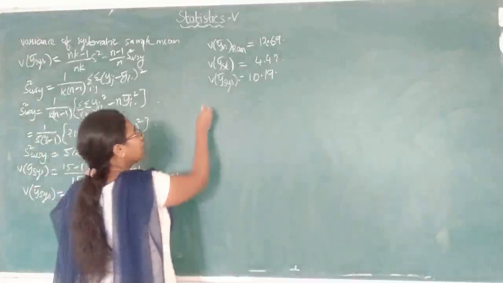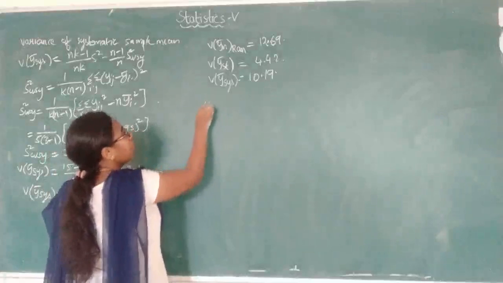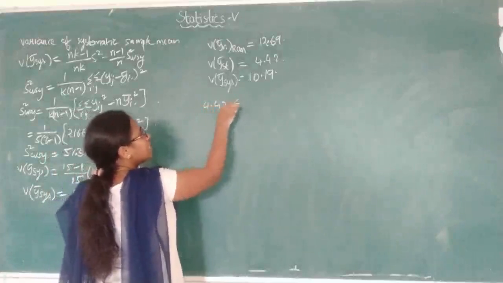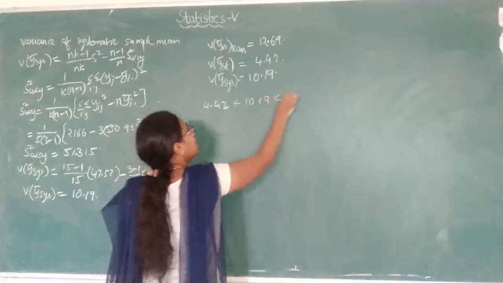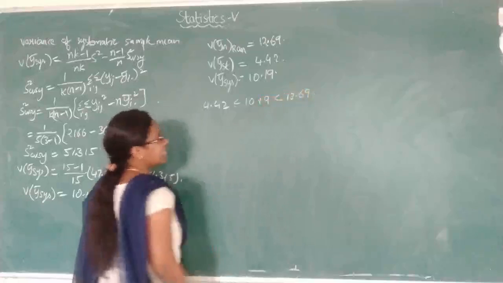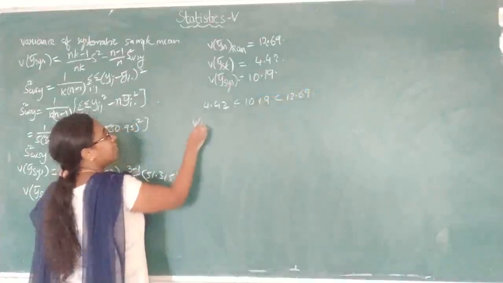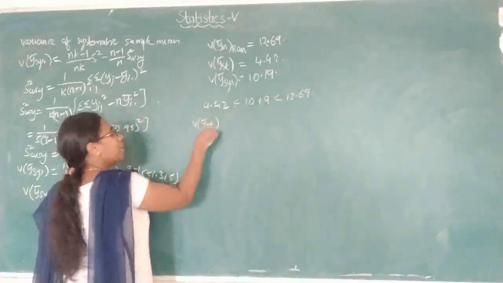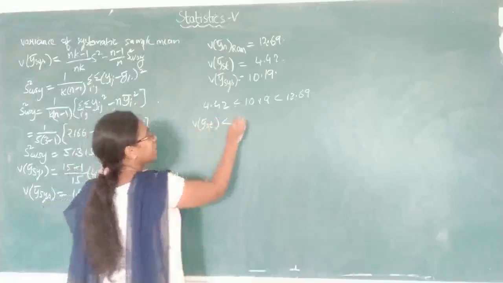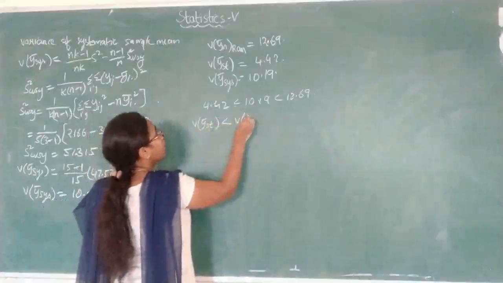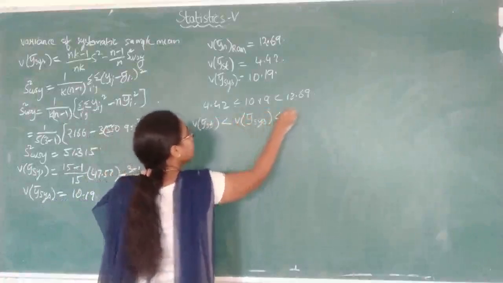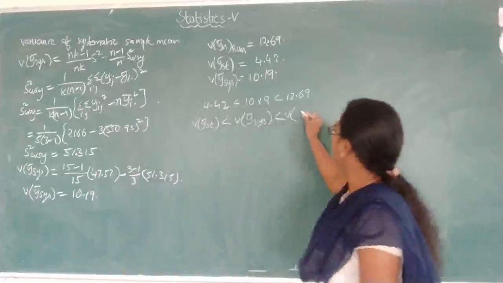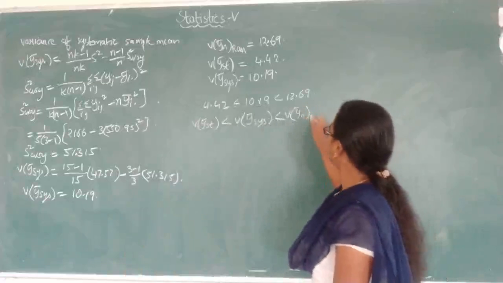So from all these three it is clear that 4.42 is less than 10.19, which is less than 12.69. That indicates that the variance of stratified random sampling is less than the variance of systematic sampling, which is less than the variance of random sampling.